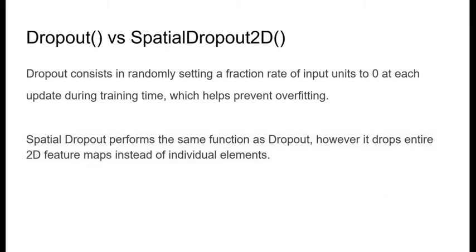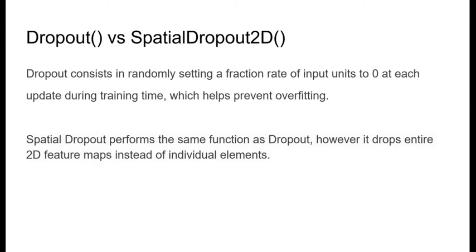So, as 2 very common approaches of regularization, dropout and spatial dropout are layers directly inherited from TensorFlow by Keras. And the main difference between them is that while Dropout is just randomly selecting its neurons, spatial Dropout has to define some correlation between its neurons before dropping them out.